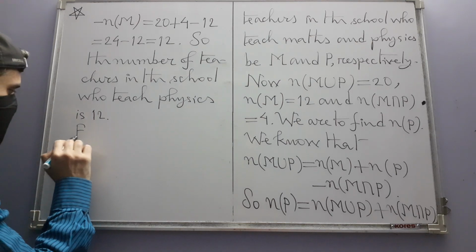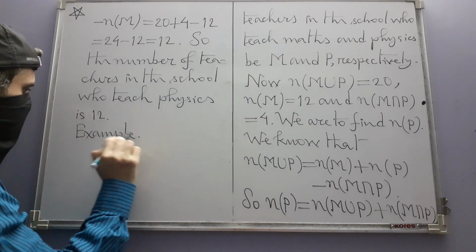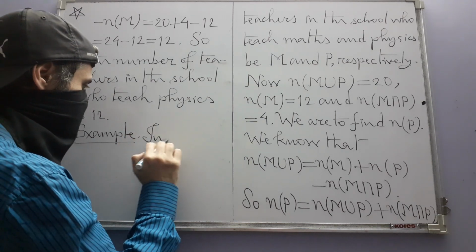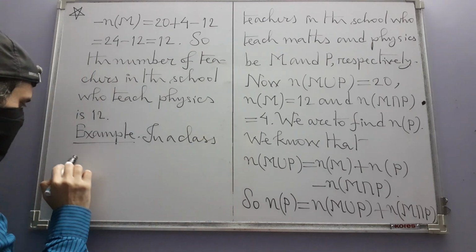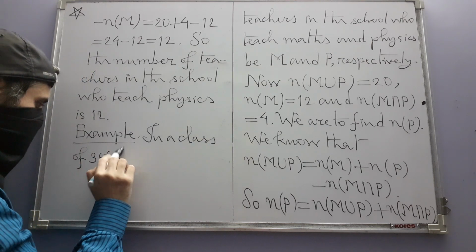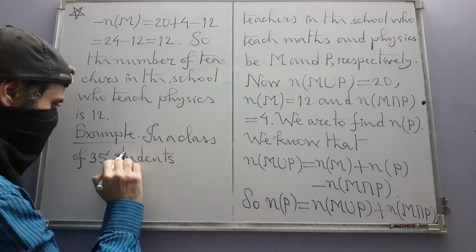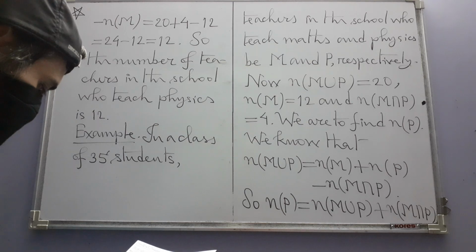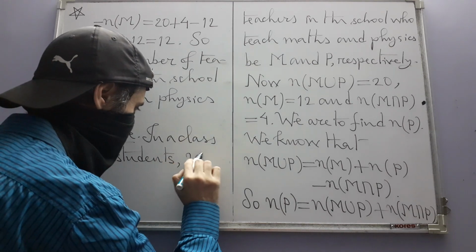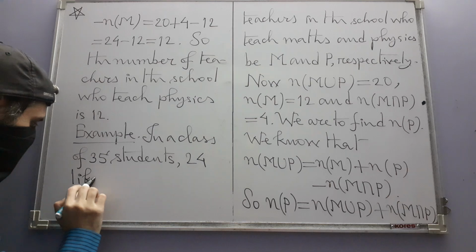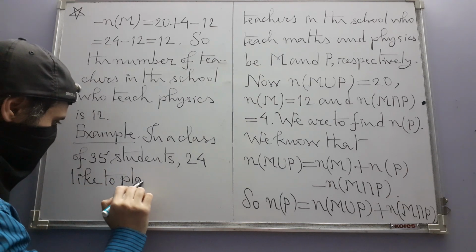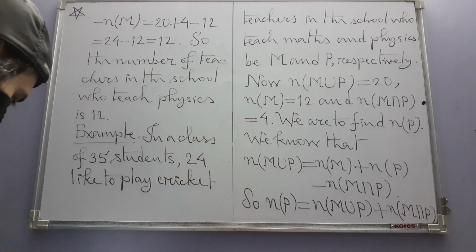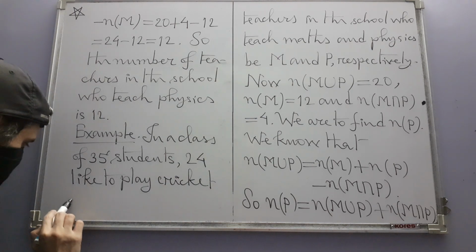Then the next one. In a class of 35 students, this is the most boring part of these problems, writing the problem down. 24 like to play cricket and 16 like to play football.